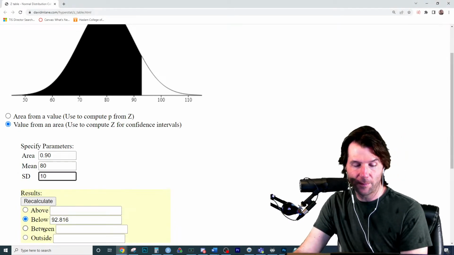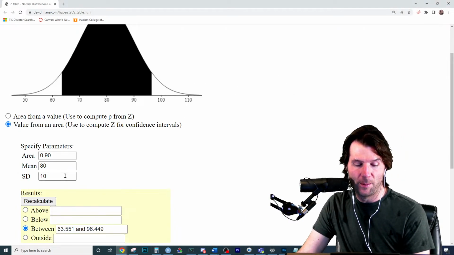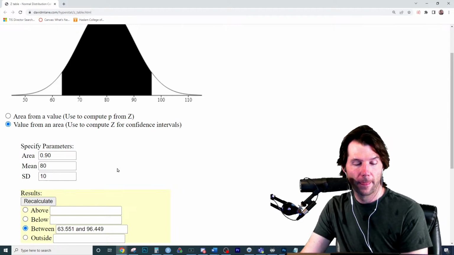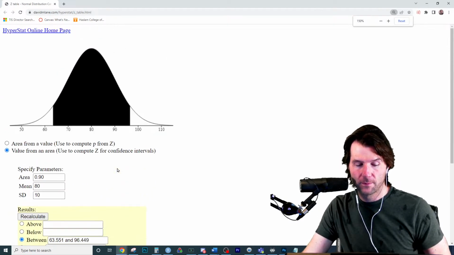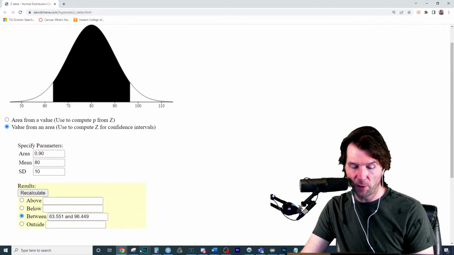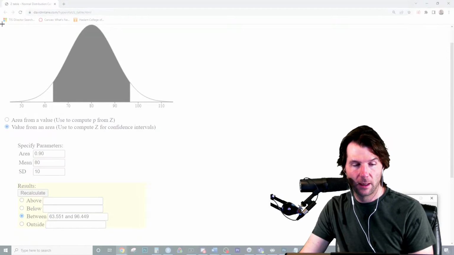So let's go right here and say, sure. So this right here is an applet picture with the same information.